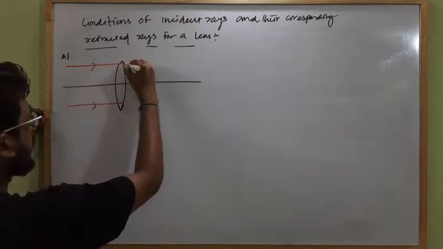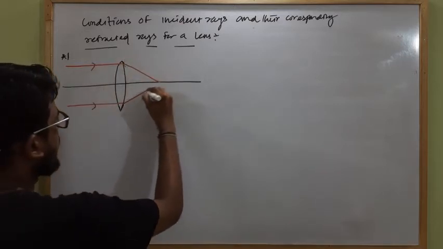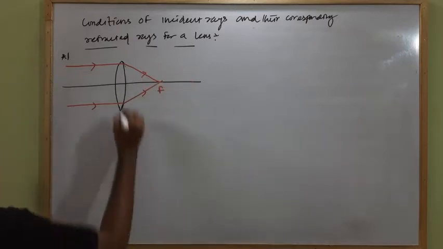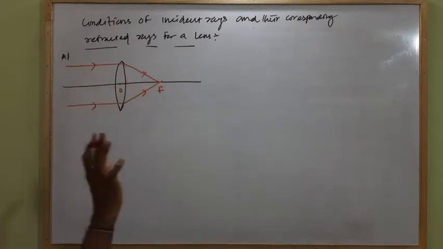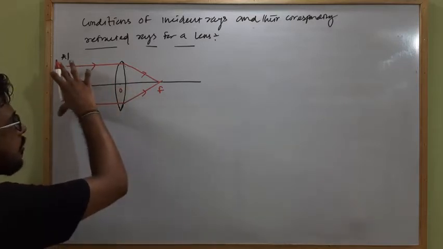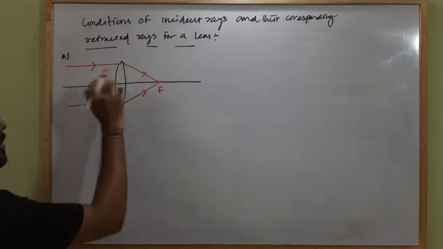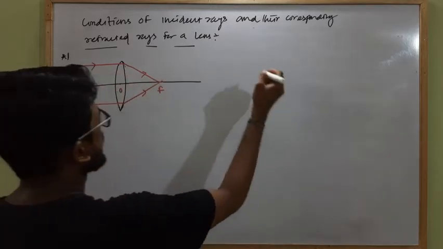After refraction, they will pass through the primary focus of the lens F. This is O. Clear? So any ray which is coming parallel to the principal axis after refraction passes through the focus. This is the case of convex lens.